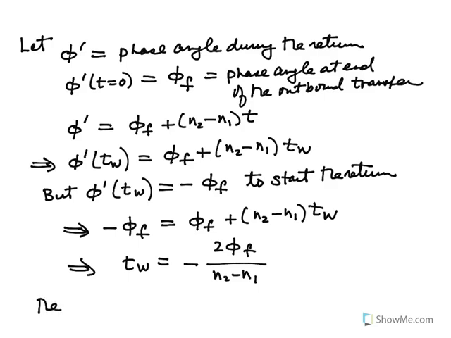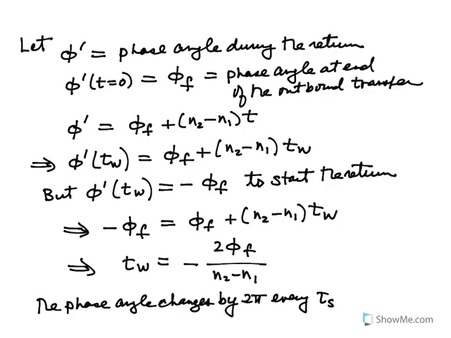So the phase angle changes by 2 pi every tau sub s time units. So basically that's every synodic period, right? And equals every synodic period.